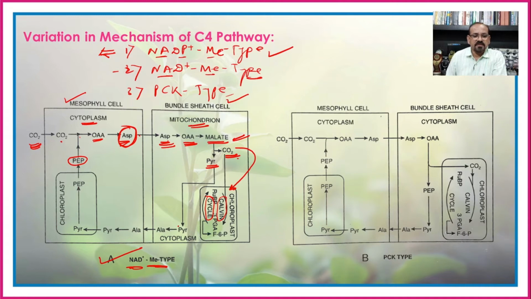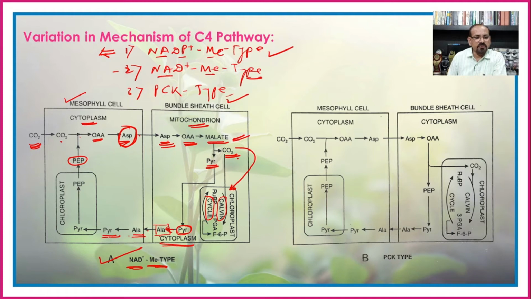The remaining pyruvic acid is transported from the mitochondria to the cytoplasm in the bundle sheath cell, and in the cytoplasm it converts into alanine. So this is an amino acid. Alanine is then transported to the mesophyll cell, and in the mesophyll cell there is again formation of pyruvic acid.